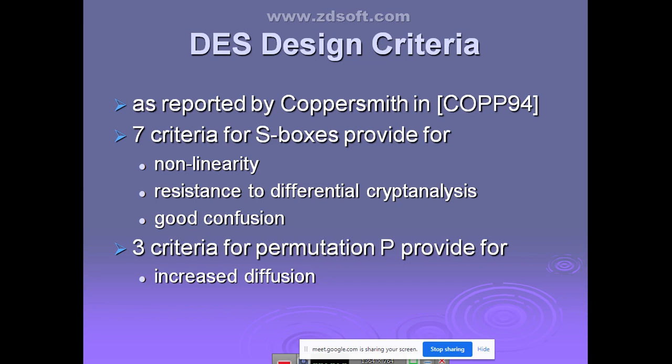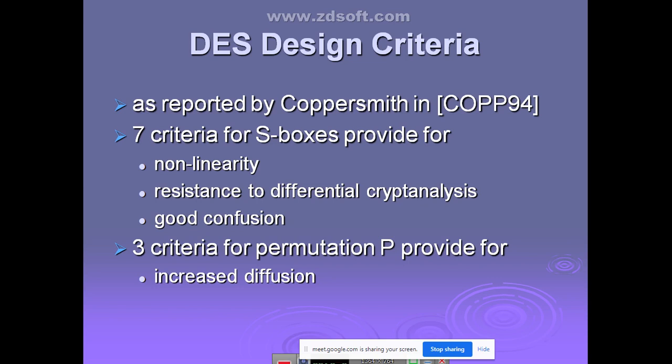Along with that, it provides good confusion. Already you know confusion and diffusion, these 2 terms we studied while studying the block cipher. What is confusion? Making the relationship between the cipher text and the key as complex as possible. That itself we call confusion.